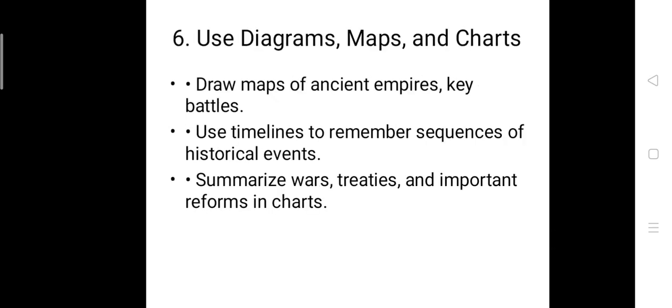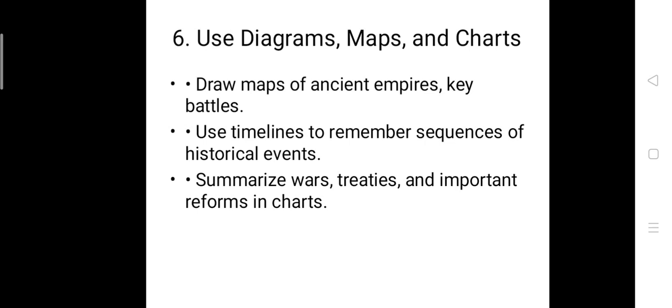The sixth one is to use diagrams, maps, and charts. If you condense a whole page into some words or maps, you can also draw maps of ancient empires and key battles. Use timelines to remember the sequence of historical events, so you have an overall idea of the time period of a particular event.